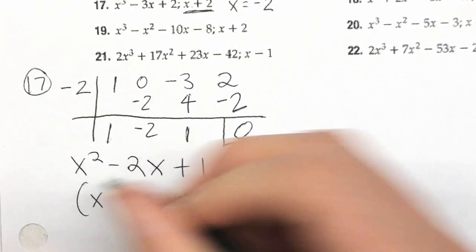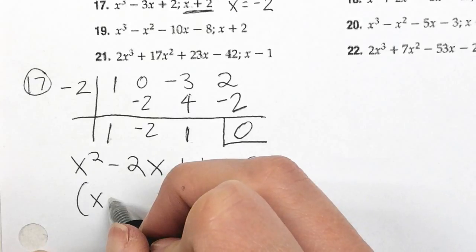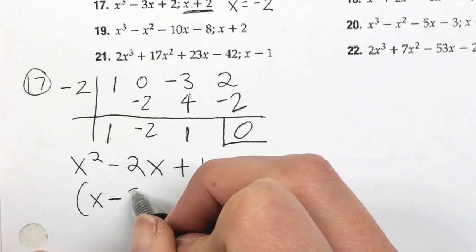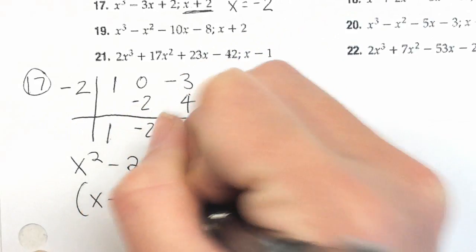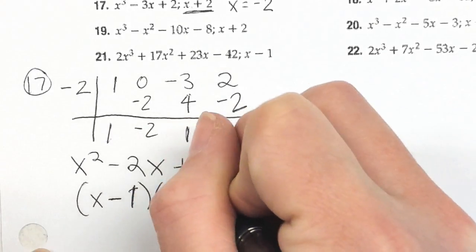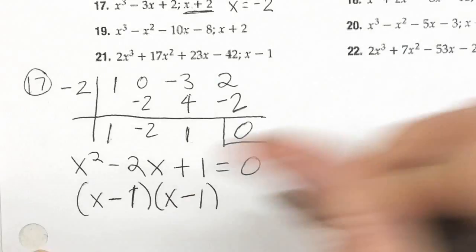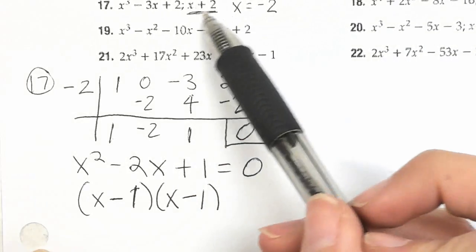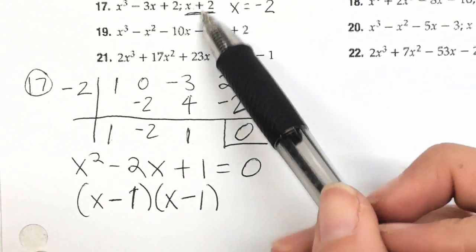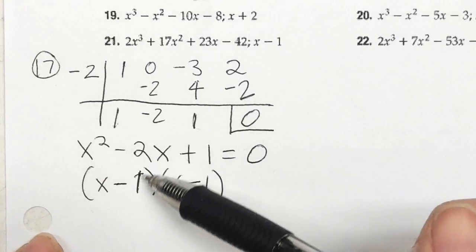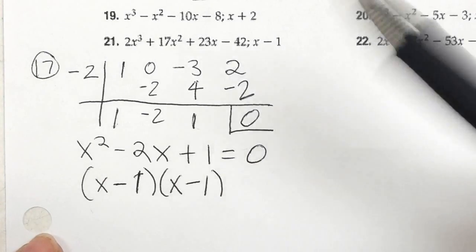So this will be x, what? -1. Oops. And what? Good. So those are the other two factors. We have found them. So our first factor, again, was x plus 2. The second two are x minus 1 and x minus 1.